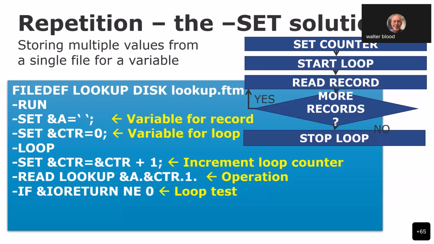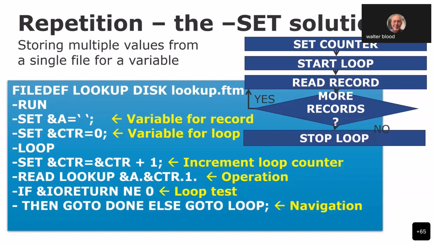As long as my &IORETURN is not equal to 0, then I'm going to go to DONE. Else I'm going to go back to the top. I'm going to go back to LOOP and run this thing again. I'm doing the test and the navigation based upon this test, based on the &IORETURN.